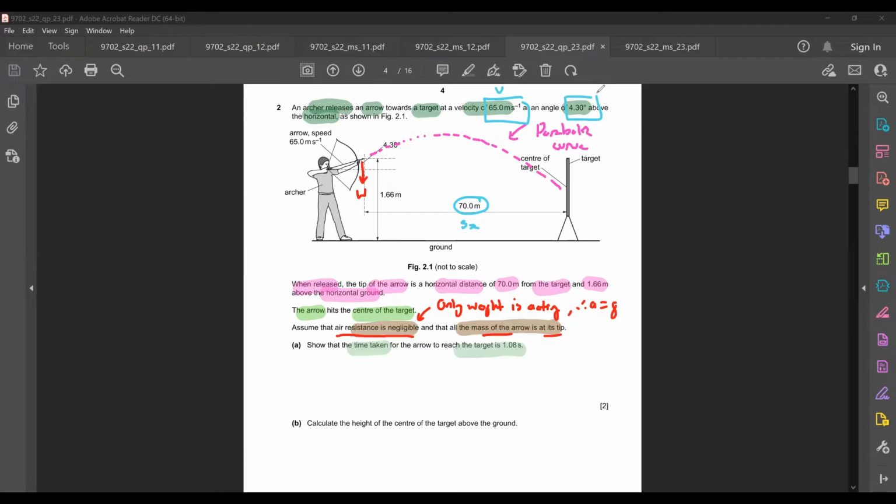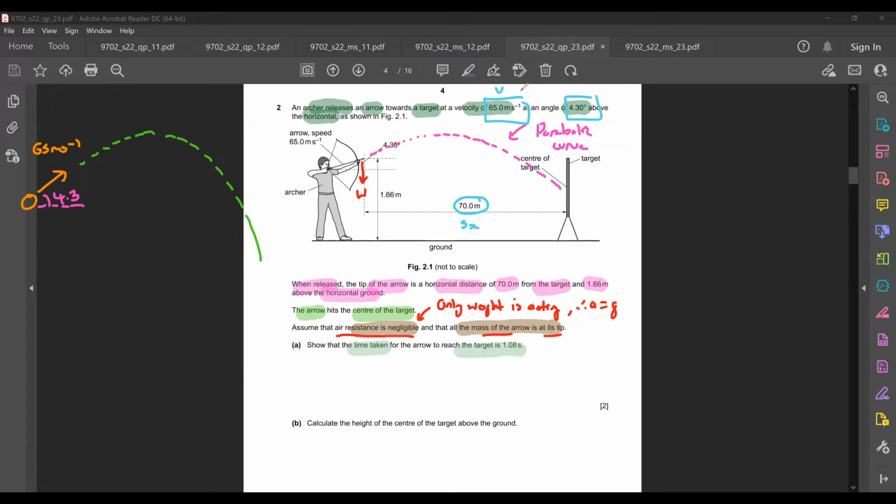So if I try to draw it out for you in a simple manner, this is basically your object. Let's just consider it as a little point here. That is the velocity of 65 meters per second at an angle of 4.3 degrees above horizontal. So it went up and then it went all the way down.